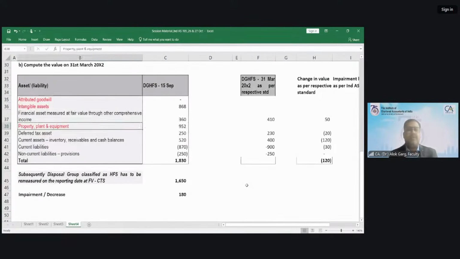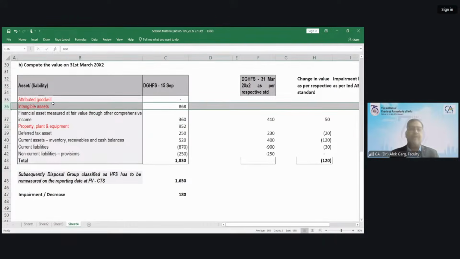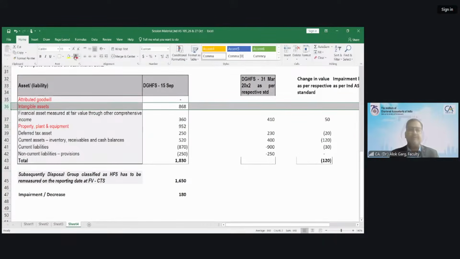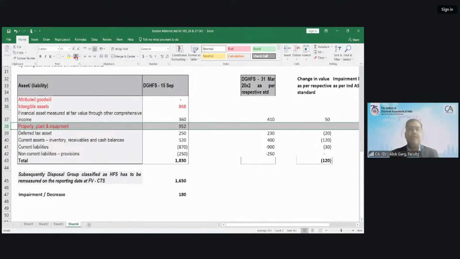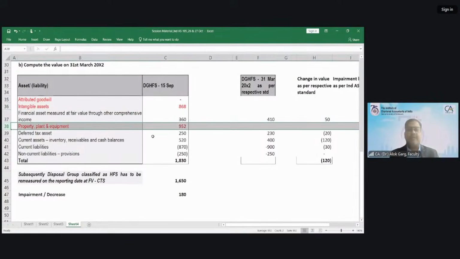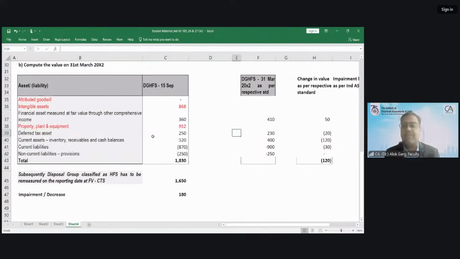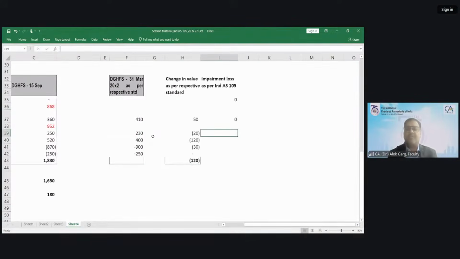Then your property, plant and equipment, of course, comes within the purview of Ind AS 105, right? Yes, sir. So whatever is the subsequent decrease, we will allocate to intangible assets and PP&E. For the rest of the assets and liabilities, we have already taken care, changing as per the respective standard. Correct?